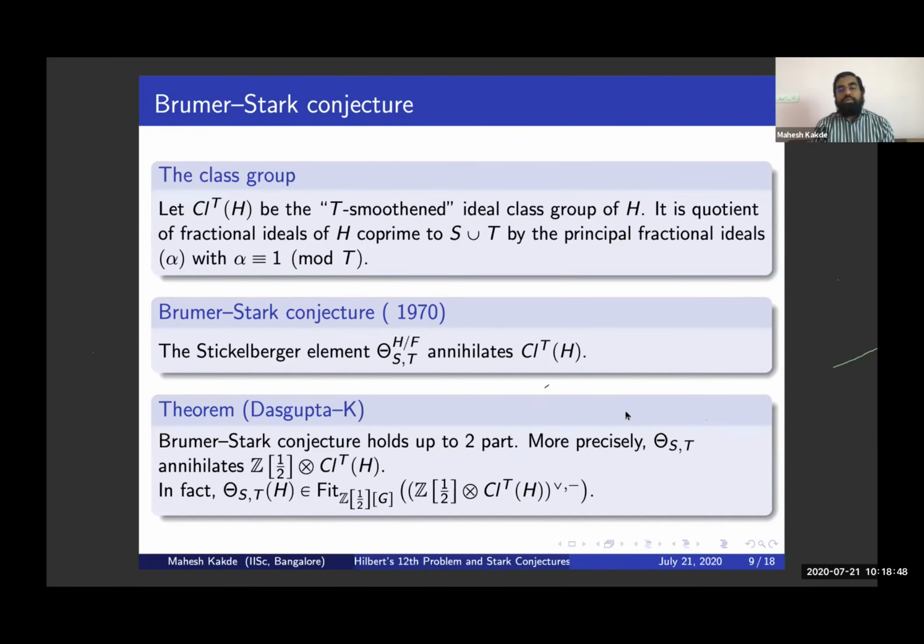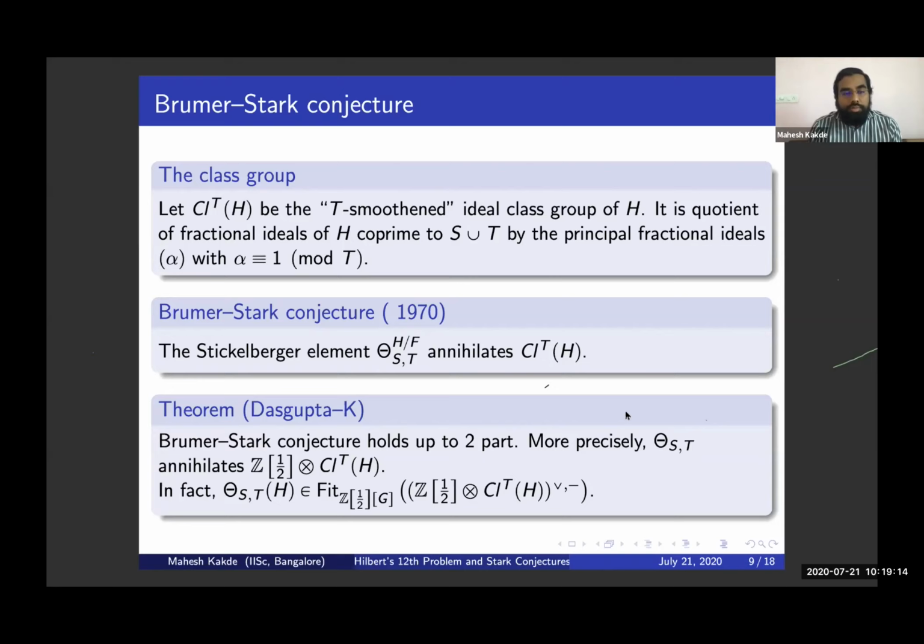So that's one side for my results. The other side is some kind of arithmetic object. On one side I have some analytic object, and on the other side I have some arithmetic object. So what's the arithmetic object?